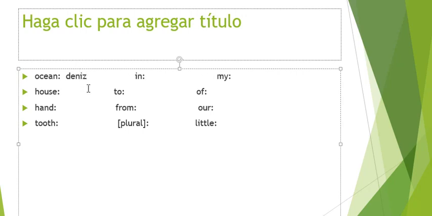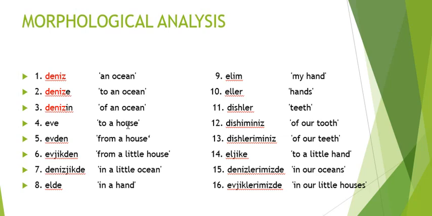Okay, now the next word that you need to find is house. But you can go from the simplest to the most complex.